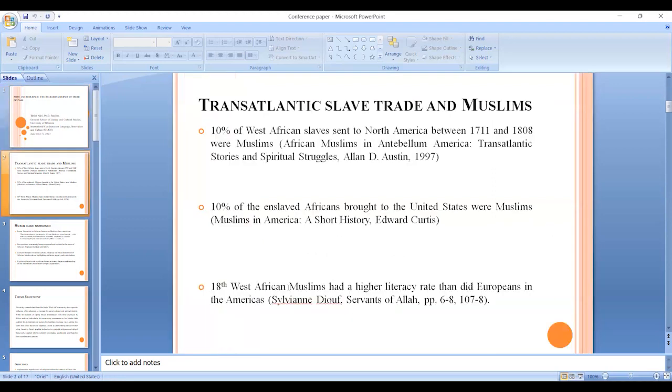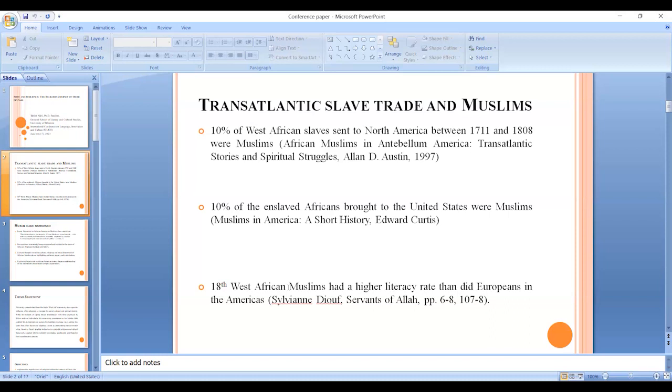Starting with the overview of the transatlantic slave trade and Muslims, it is Allan D. Austin, one of the very renowned African American authorities on the history of antebellum Muslims, who says that 10% of the West African slaves sent to North America between 1711 and 1808 were actually Muslims.